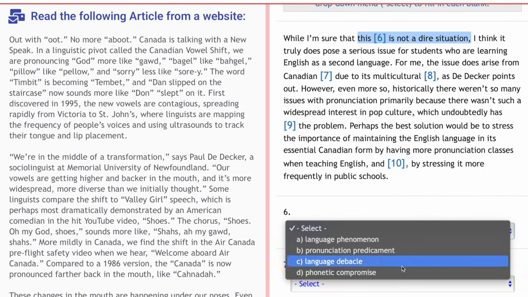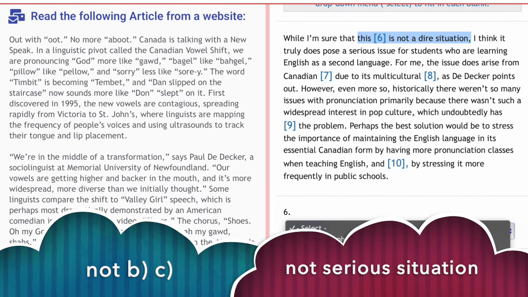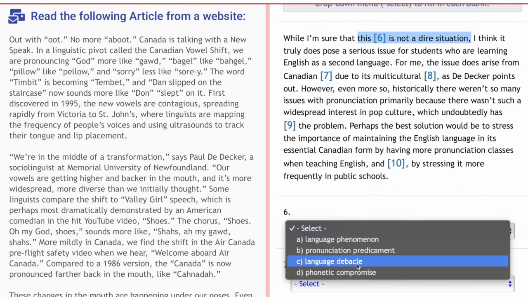But what about the second word? It's not a predicament. Predicament is a serious situation or difficult situation. The same as debacle, not debacle, because a debacle is a serious issue or problem. And so compromise or phenomenon.